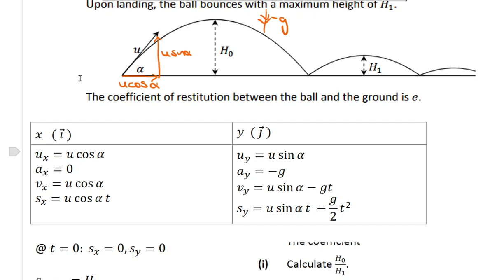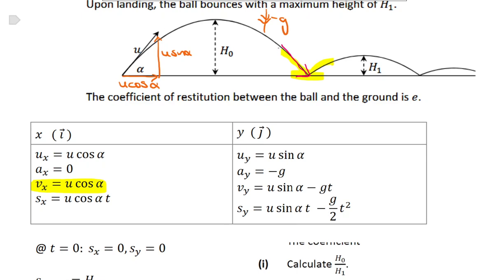So I'm just going to highlight a couple of things here. Because the collision happens here in the vertical direction, this Vx won't change at all. That's going to be the horizontal speed of the particle after it bounces. But what we're trying to figure out is what's going on here.